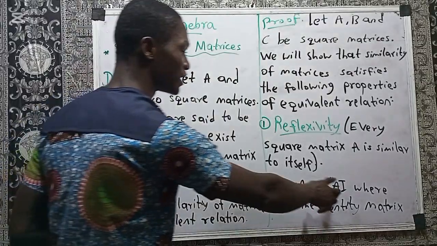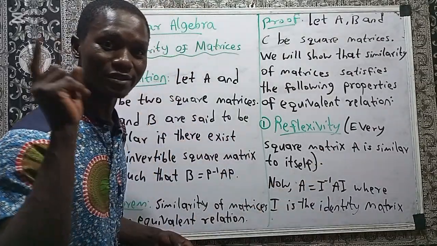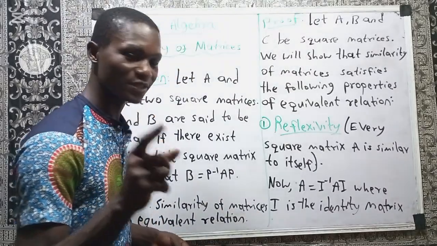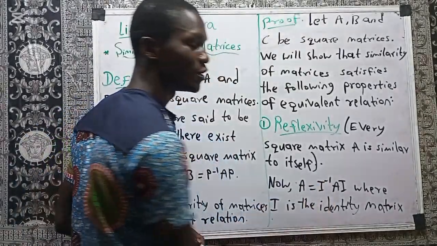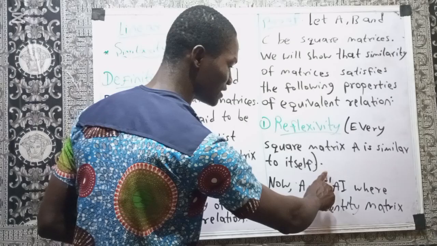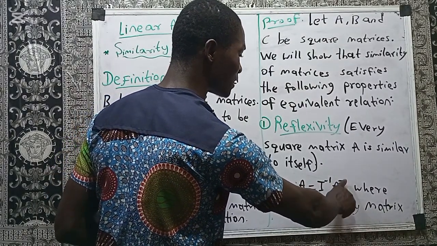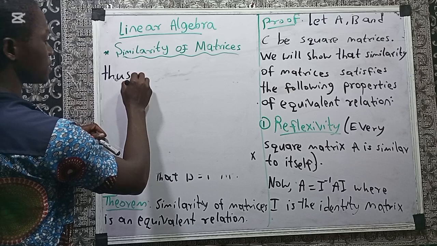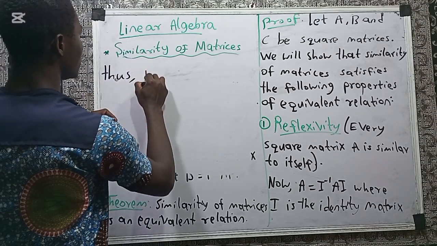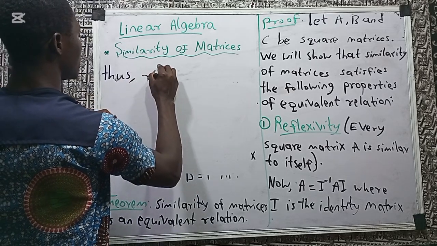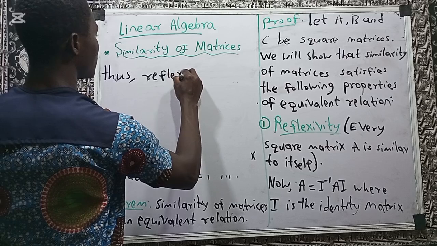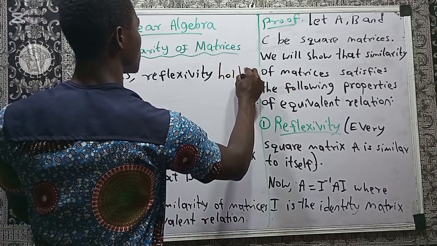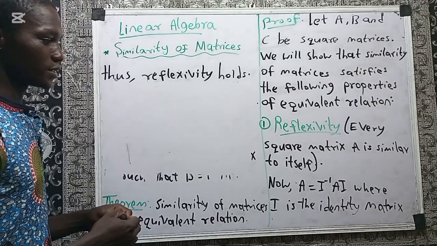So every square matrix is similar to itself because there exists an invertible square matrix P. What is that invertible square matrix P? The identity matrix. Such that the inverse of that identity matrix multiplied by A multiplied by the identity matrix will give you the same thing, matrix A. Thus, reflexivity holds. So it holds, right?